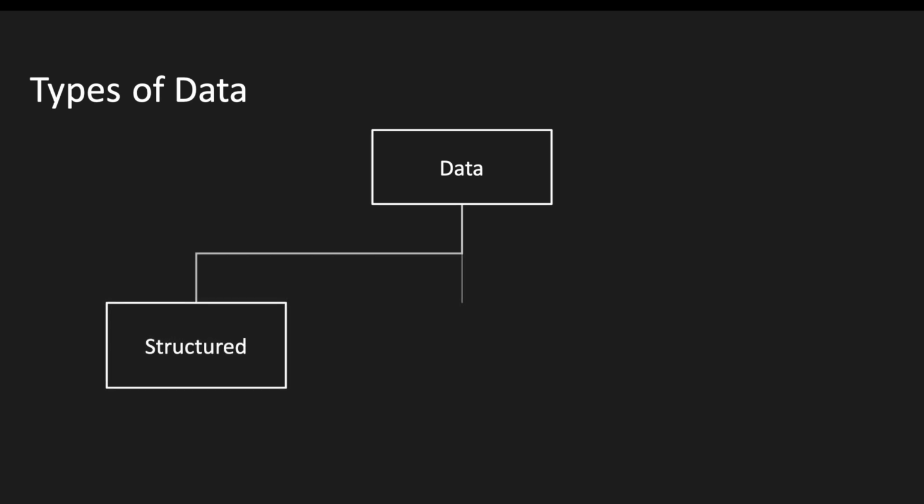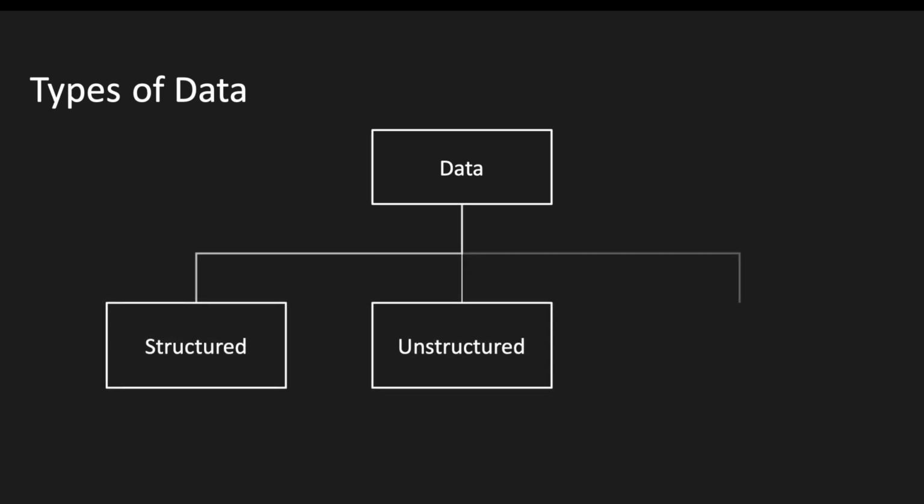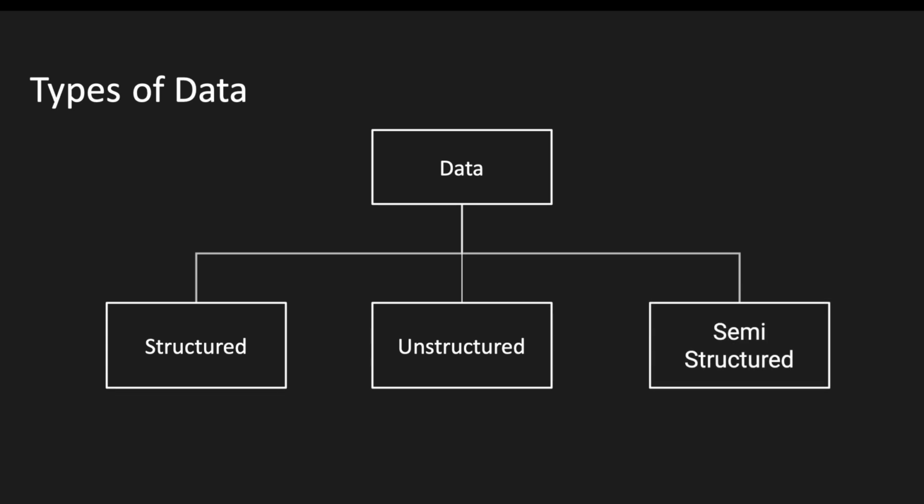So basically, there are three types of data that you can find everywhere. One is structured, second one is unstructured, and third one is semi-structured. In case of structured data, data can be represented in the form of rows and columns. We can think of data which we can put in Excel as a good example of structured data.